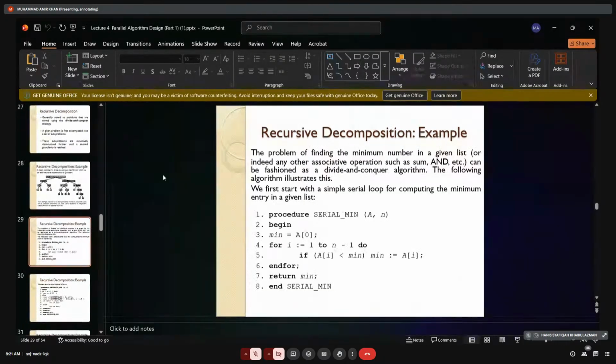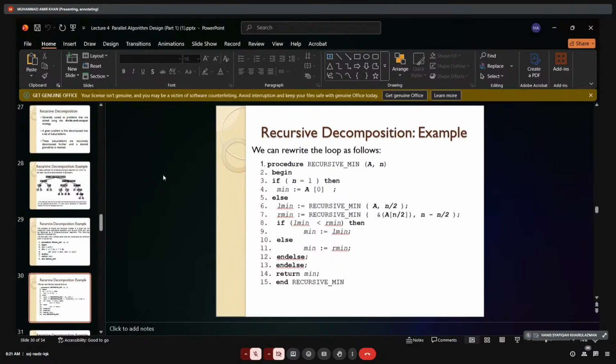Okay, so next, we have the algorithm. In the algorithm, we have to find the minimum value. If A[i] is less than the minimum value, then it is assigned to the minimum. And then next is the actual recursive minimum value. How do we find it?